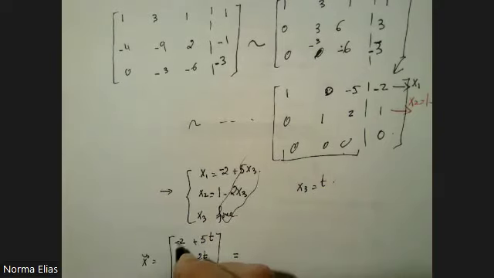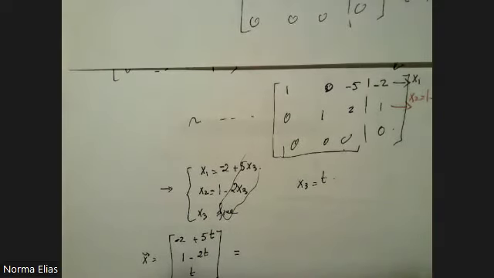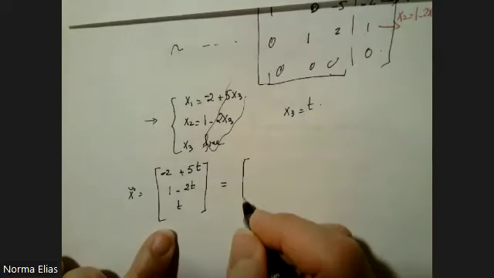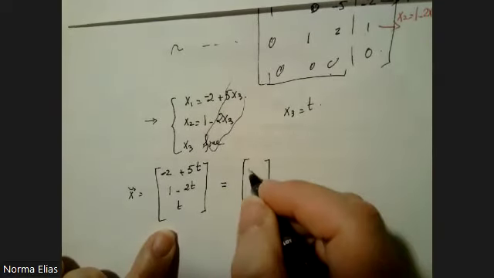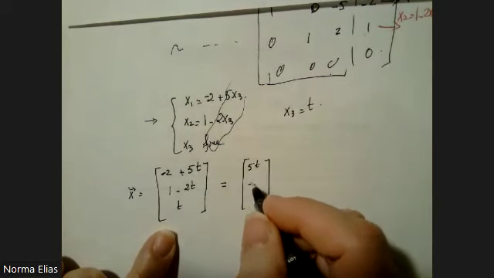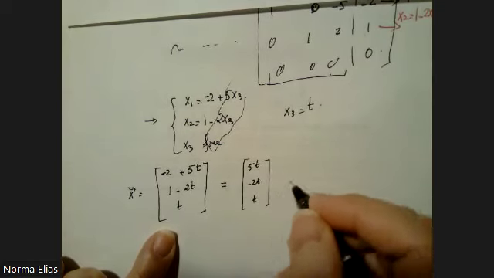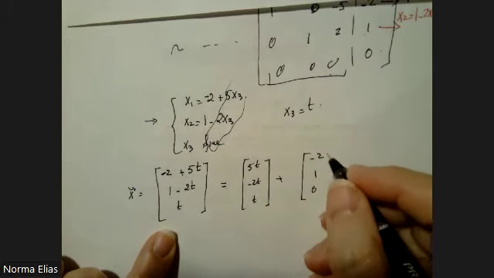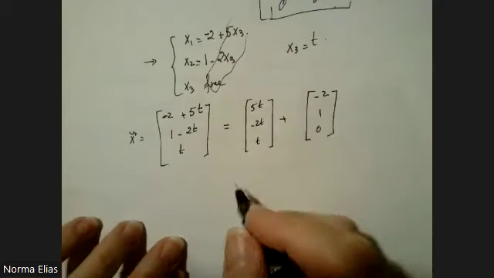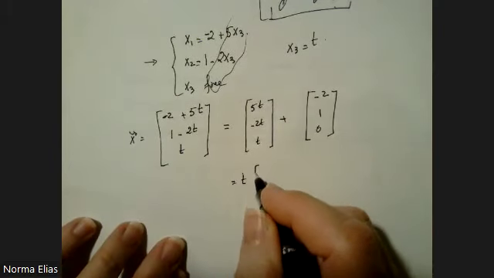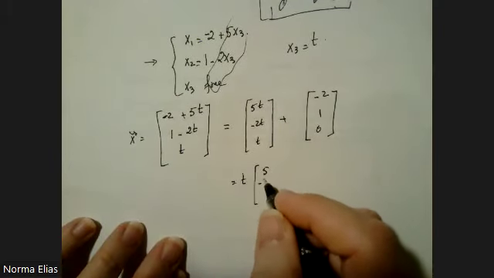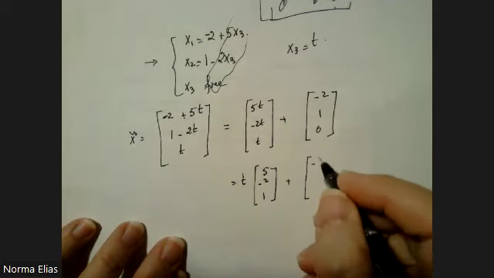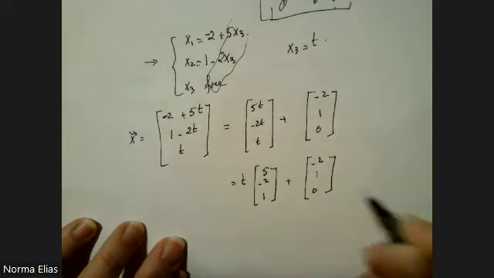I copied it wrongly. You're absolutely correct. Thanks, Celine. All right. So this is going to give me the following. Writing it in vector form, I'm going to write 5t, minus 2t, and t, plus minus 2, 1, 0. So in vector form, this is equal to t times 5, minus 2, 1 plus the vector minus 2, 1, and 0.